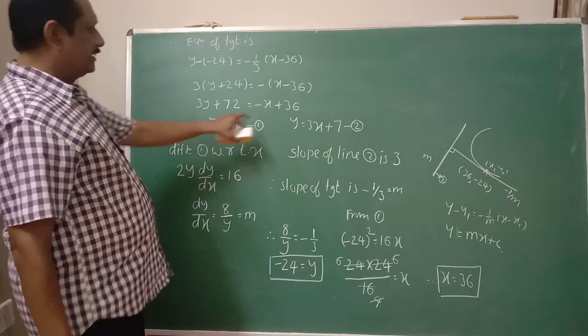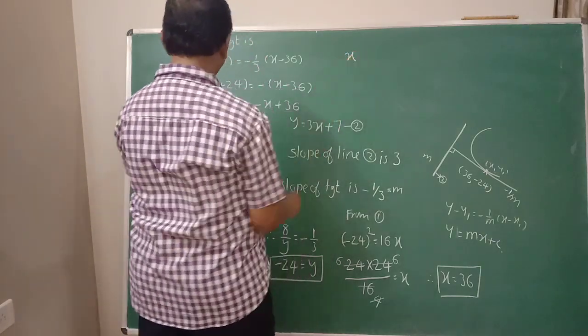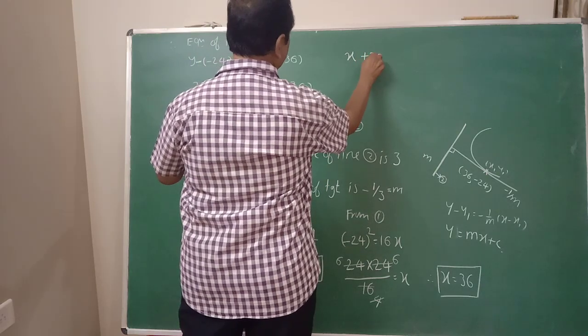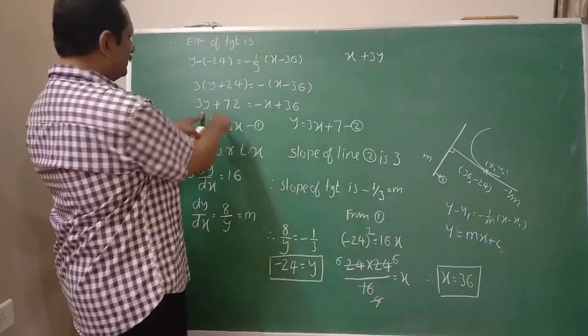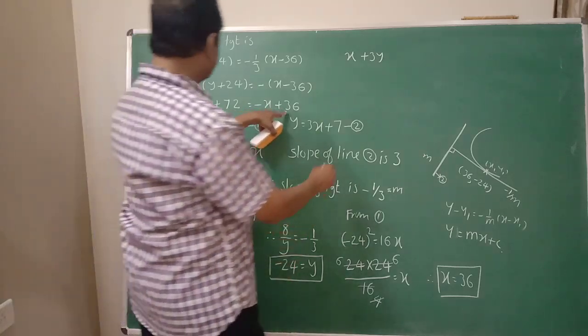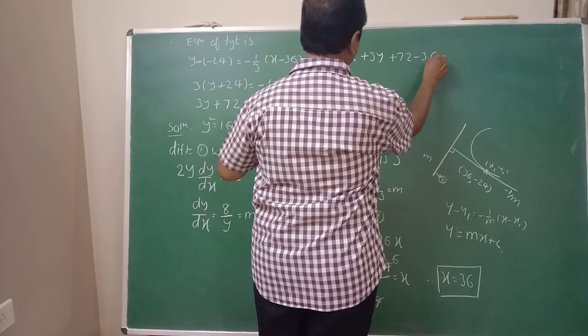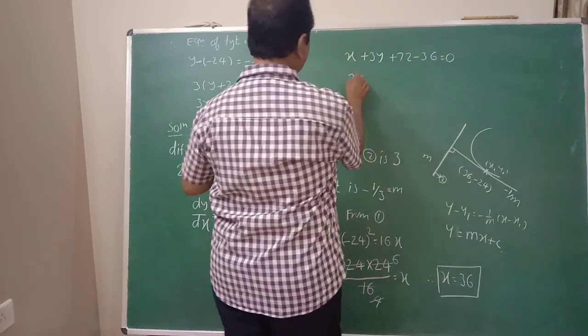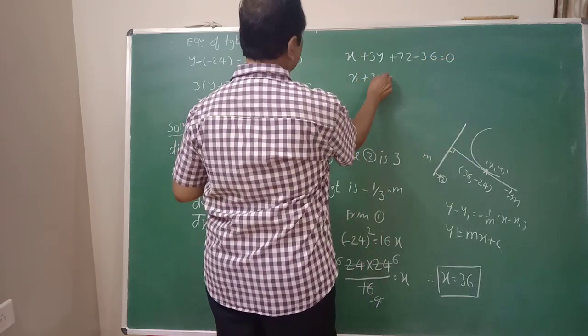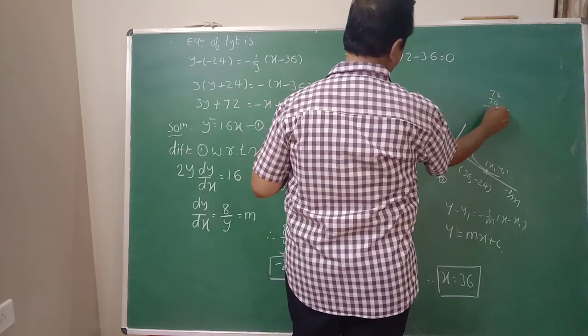Take both terms to the left side: minus becomes plus x, plus 3y, plus 72 minus 36 is equal to 0. Hence x plus 3y plus 72 minus 36, how much?